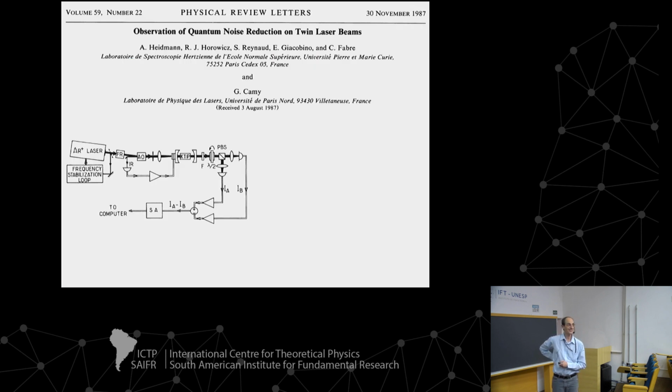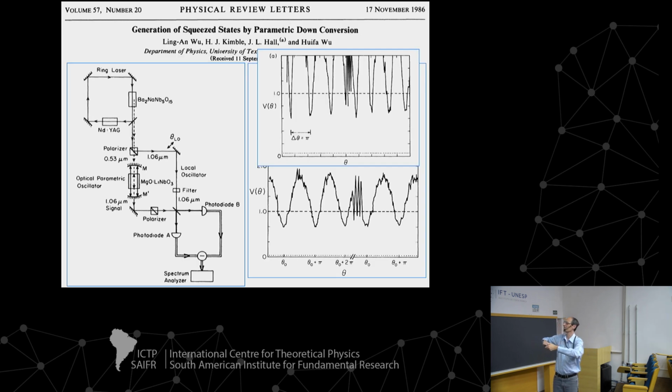There's this nice experiment also run by Claude Fabre in the following year that takes the OPO, pumped here with an argon laser, and sends it to a beam splitter. But this is a polarizing beam splitter. In this process, the pair of photons are created in orthogonal polarizations. Now you can tell them apart. The other one, they're created in the same polarization at the same frequency.